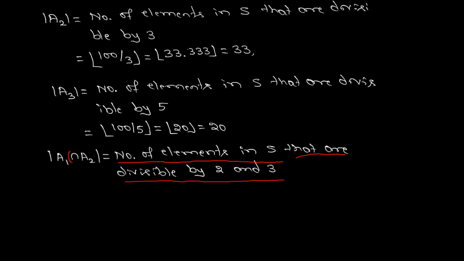Because of this intersection part, we say these are the set of integers which are divisible by 2, and these are the set of integers which are divisible by 3. Since we are taking the intersection here, the intersection part is a set of positive integers which are divisible by both 2 as well as 3.